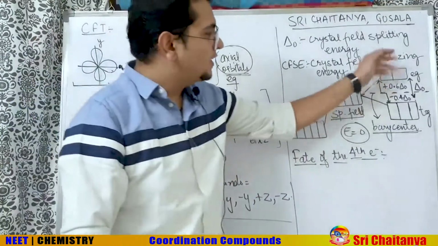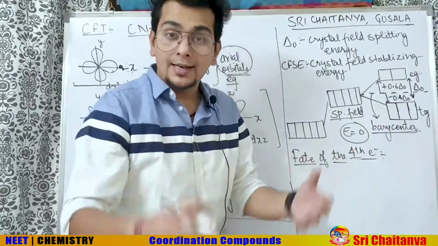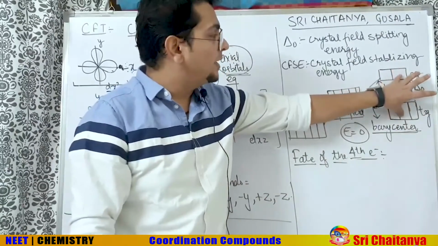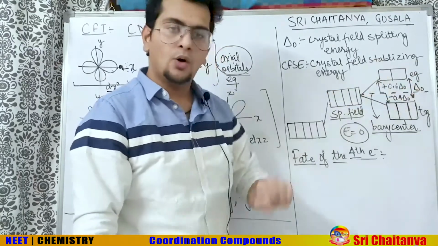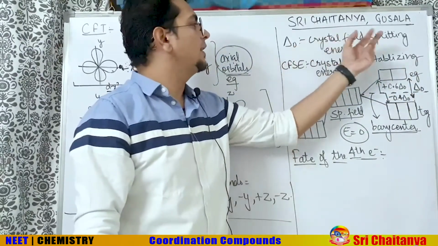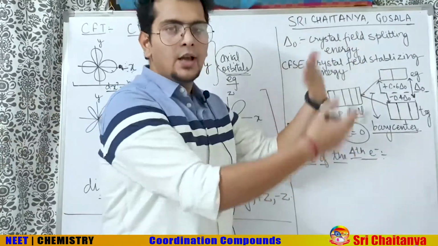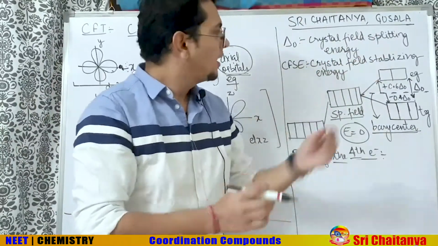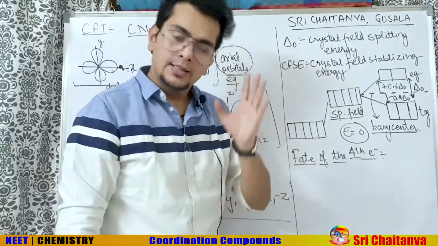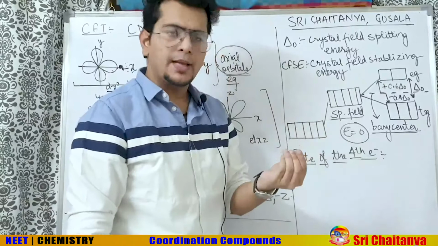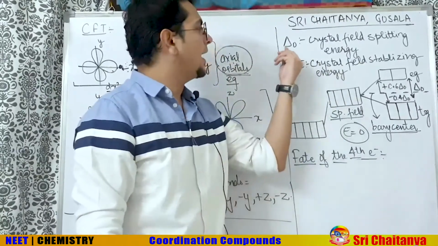Now, Eg is 0.6 times delta O. Now sir, what is this delta O? The energy gap between T2g and Eg is called delta O. It is called crystal field splitting energy. More splitting, more will be the delta O. Sir, what is this O here? O is octahedral. Similarly, if I write for a tetrahedral complex, I will write delta T here. For square planar, I will write delta SP here.